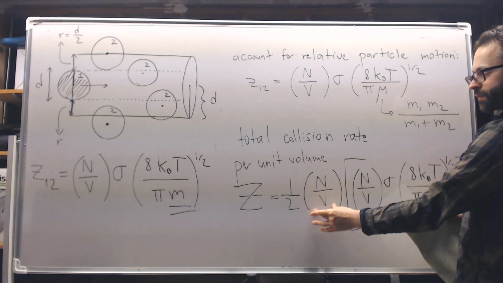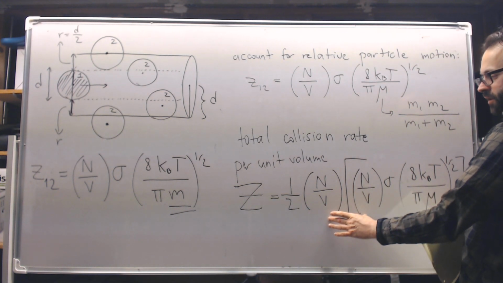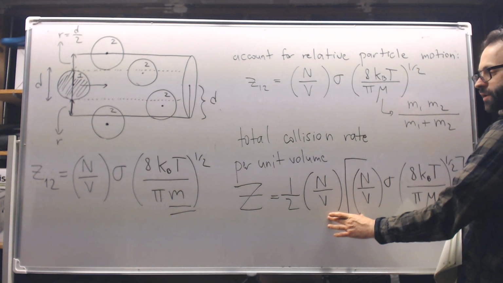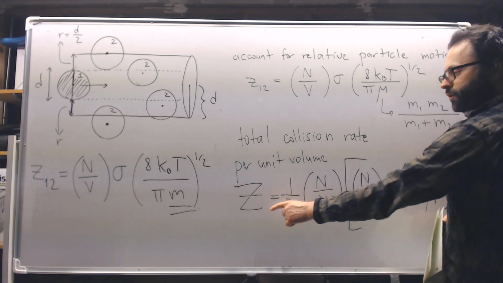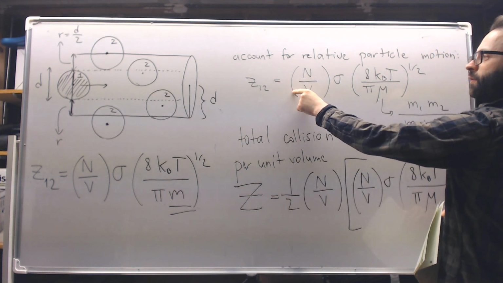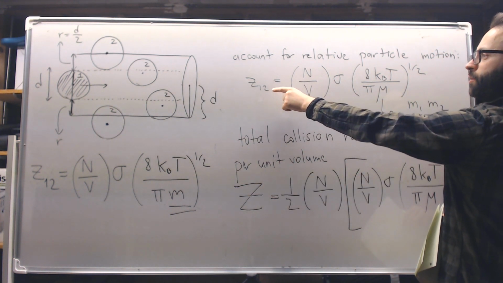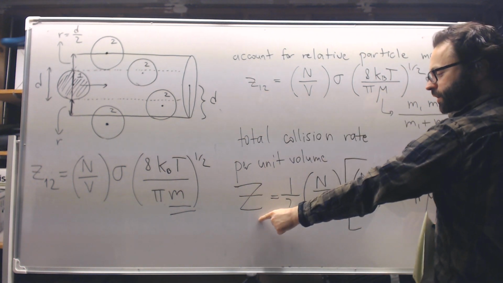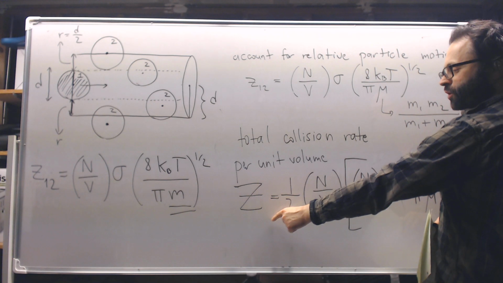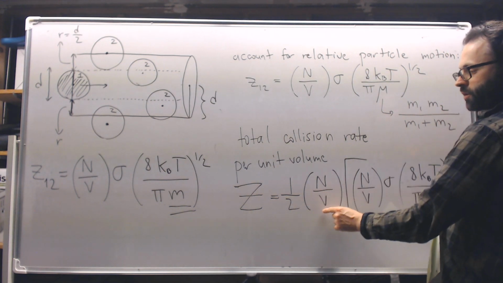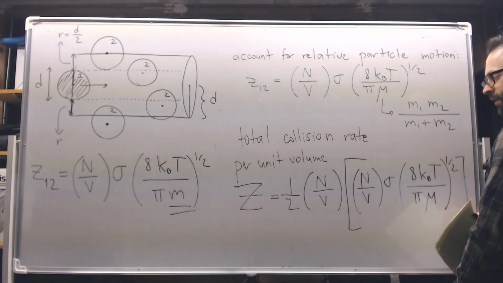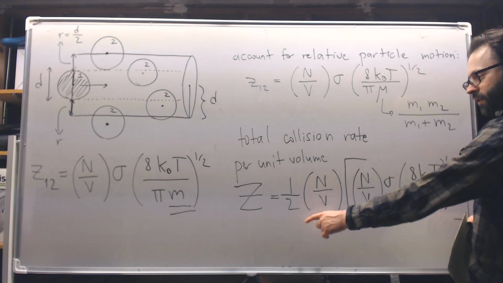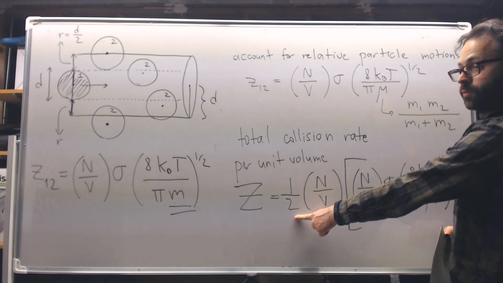The division by v makes it a factor of the square of the density. The units of the single particle rate are per second. The units of this are per second per unit volume, because there's an additional factor of volume that's been divided here. The factor of 1/2 is so that we don't overcount the number of collisions.